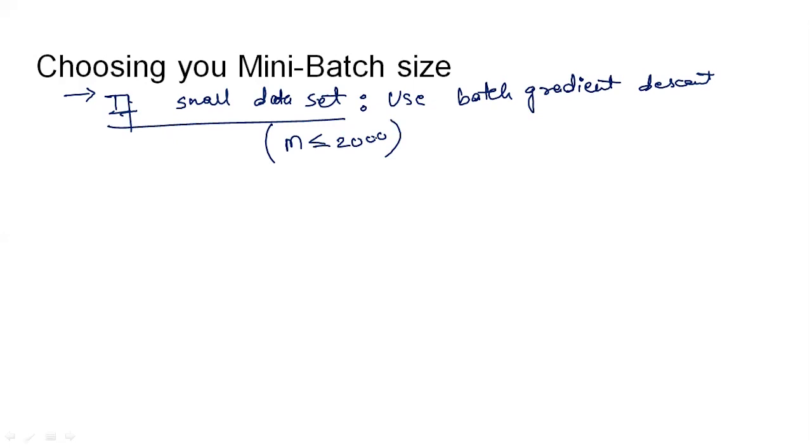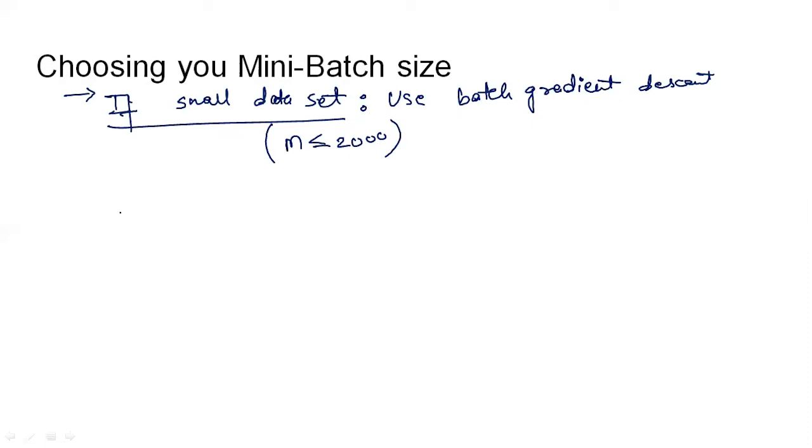Why? Because for deep learning algorithms, a data set size of approximately 2000, 3000 or 5000 is quite small. If this kind of scenario is there, then you can use the normal batch gradient descent algorithm, where your batch size equals all the m training examples, and it would give you the best result.